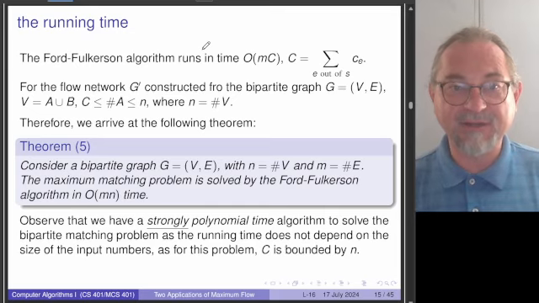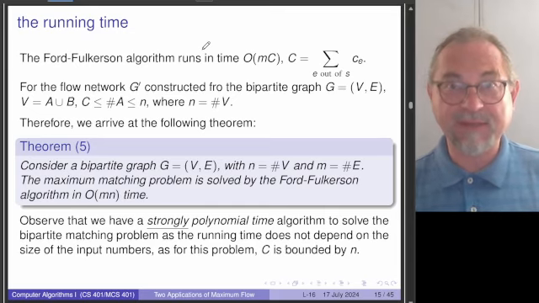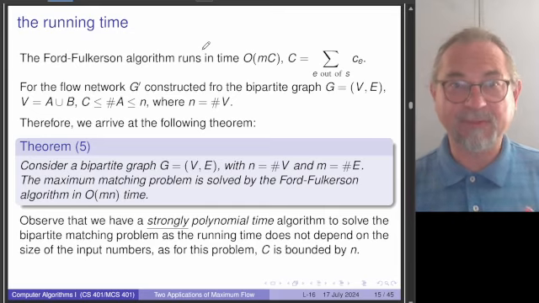So here actually we obtain a strongly polynomial time algorithm, as the running time cost in the Ford-Fulkerson, m times C, is actually replaced by m times n. The C depends on the size of the input numbers.